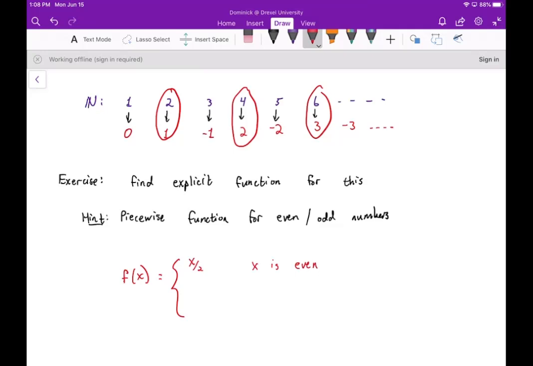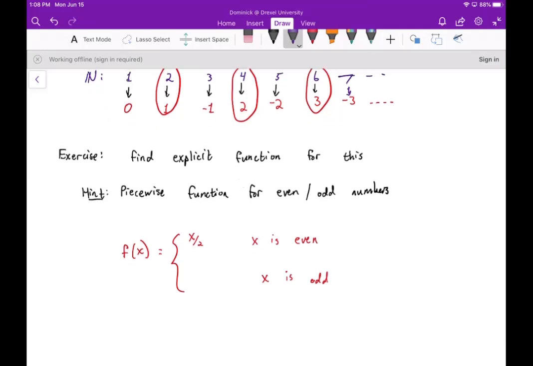Now, what if x is odd? Then it looks like what I want to do, and of course, let me just list the next one here. The next one would be 7, and I'd want that to go to -3.